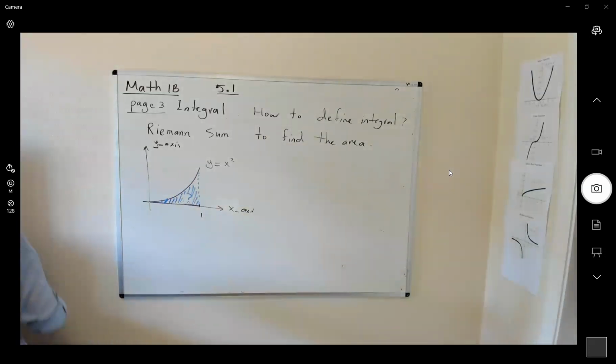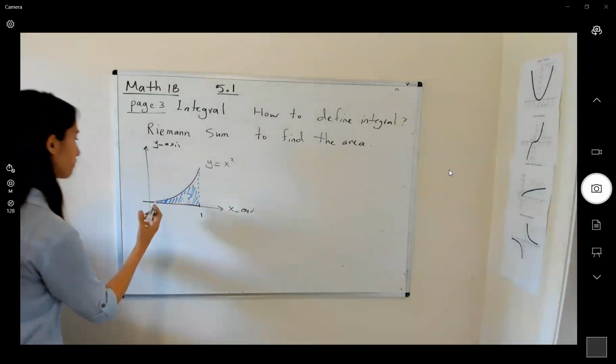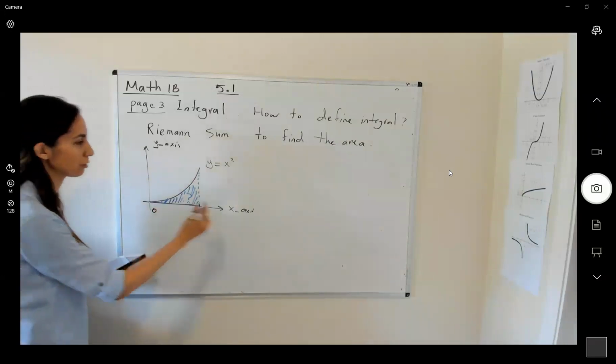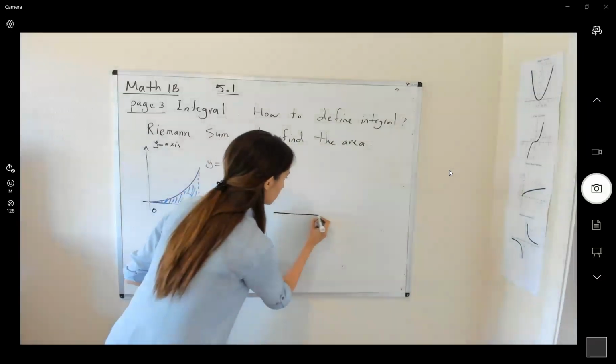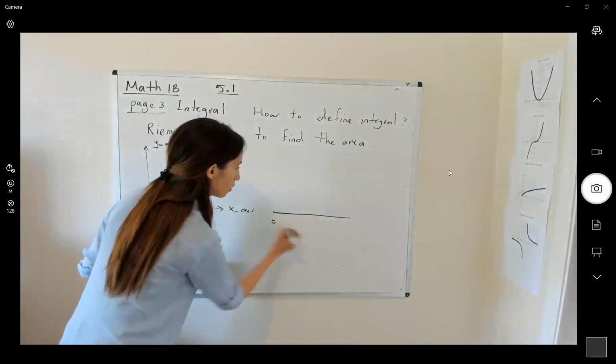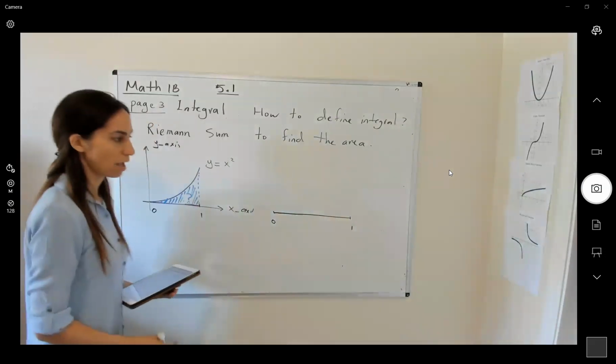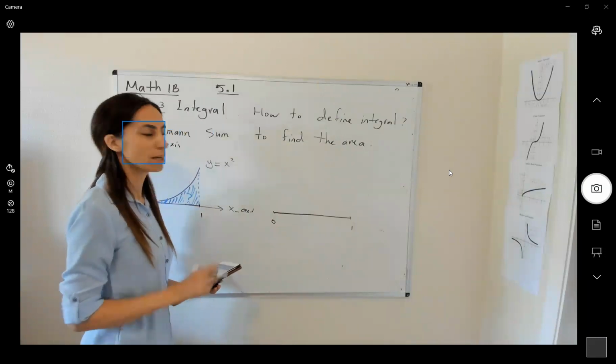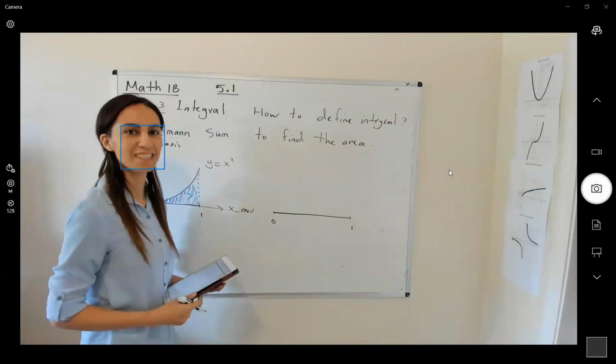What we can do is take this horizontal piece, 0 to 1, and start dividing it into smaller equal-width subintervals.